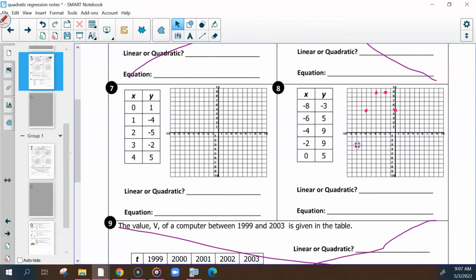We'll see. Does anyone still need these? If you don't have your computer or Desmos, you're going to be doing this in your calculator, just as we did before. So your steps will be a little different.